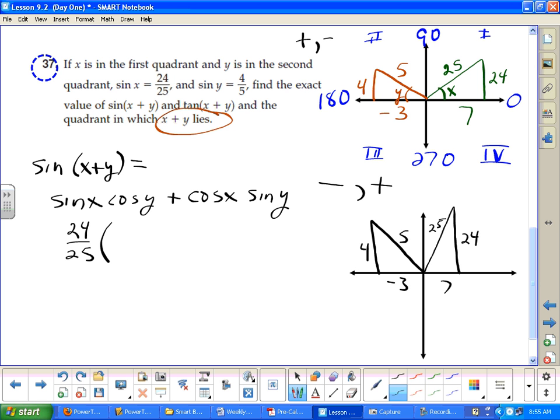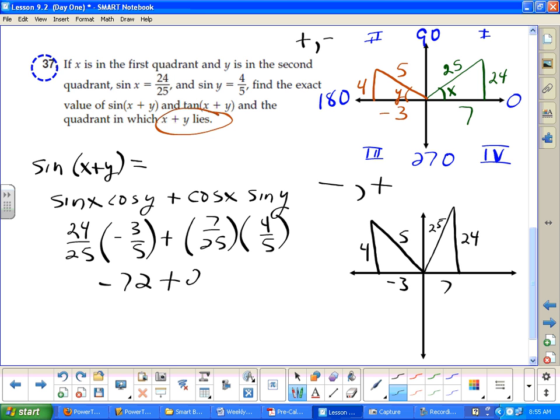Cosine of y is negative 3/5. Cosine of x, 7 over 25. And sine of y is 4/5. So this gives me negative 72 plus 28 over 125, right?